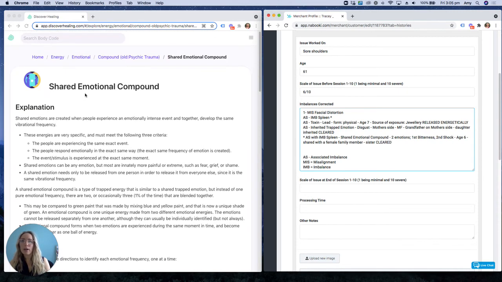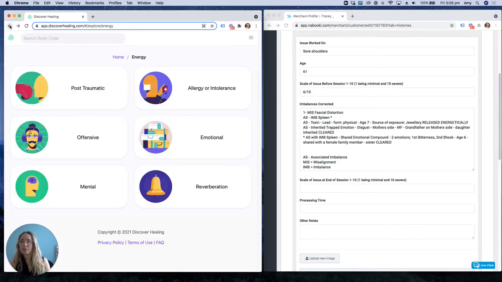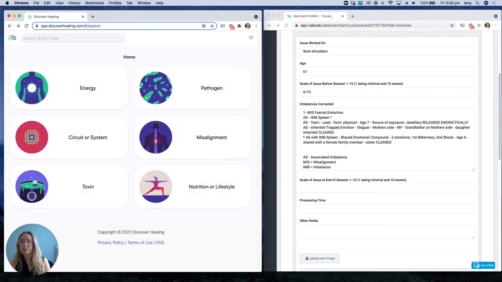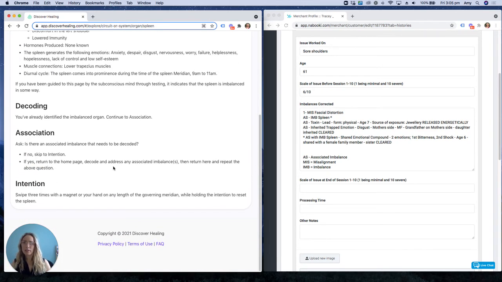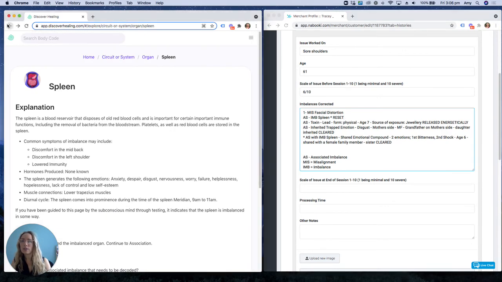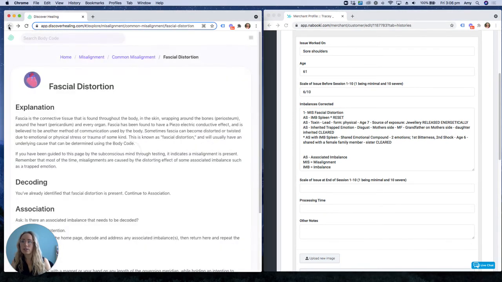So now I'm going to go back up to the spleen. And there's no associated imbalance here. So now I can set the intention to reset Tracy's spleen. Okay, so that one has been reset. So now I'm going to go back up to where we started with the fascial distortion.